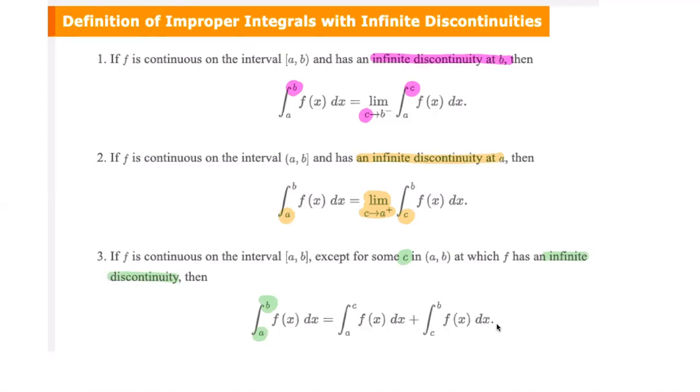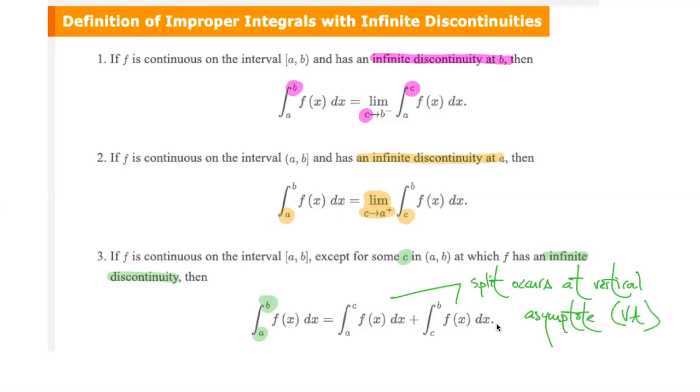Let's write that down: our split occurs at our vertical asymptote. So C is where we have that vertical asymptote. In 10.3, we could pick whatever number we wanted, but in 10.4, if the function contains a discontinuity, we have to split it at the discontinuity, okay?